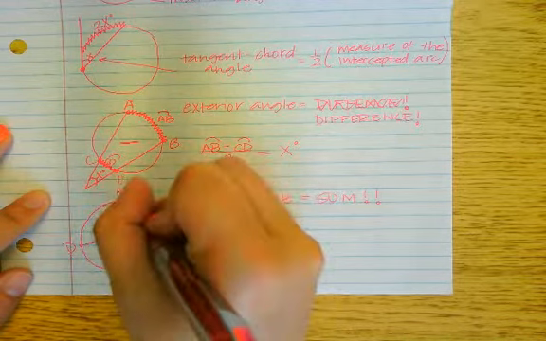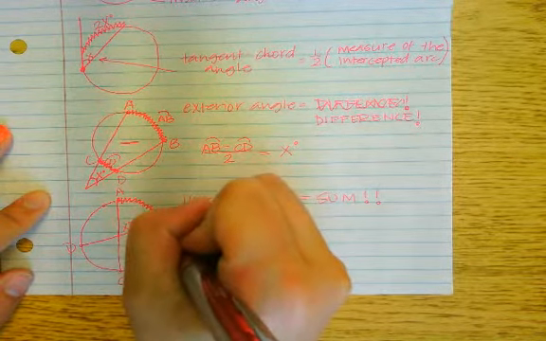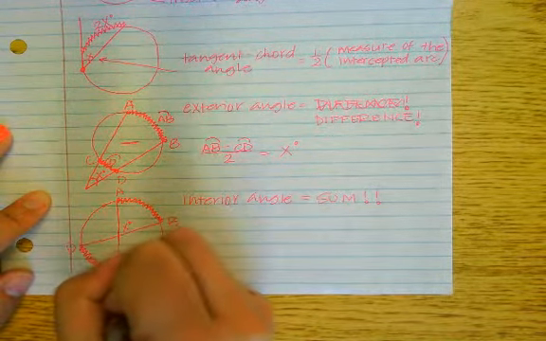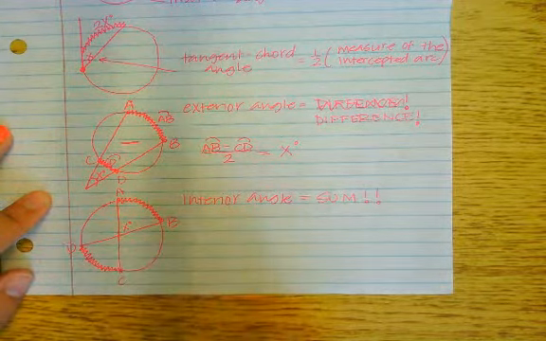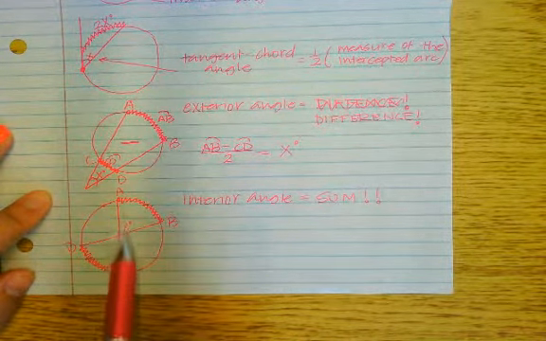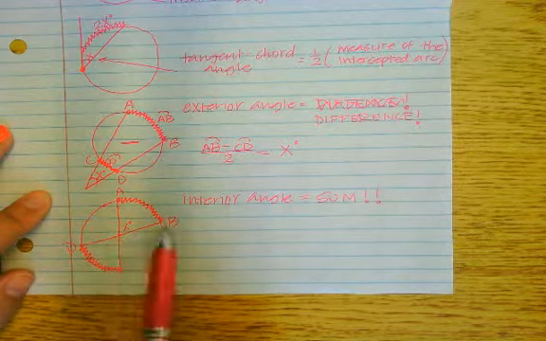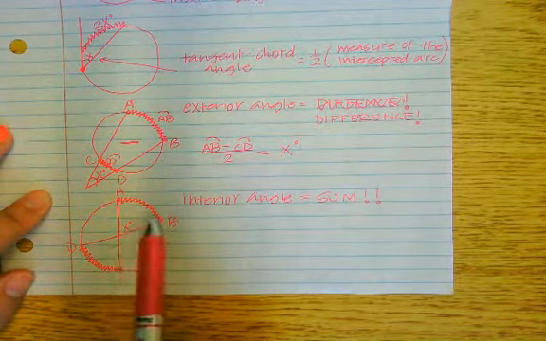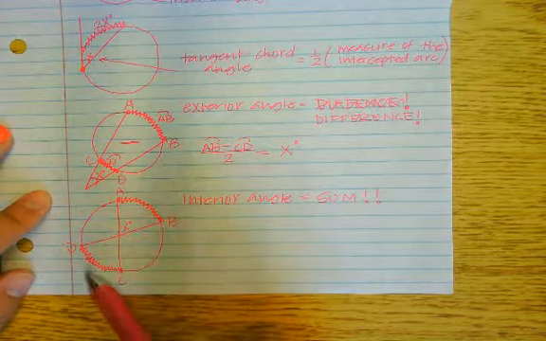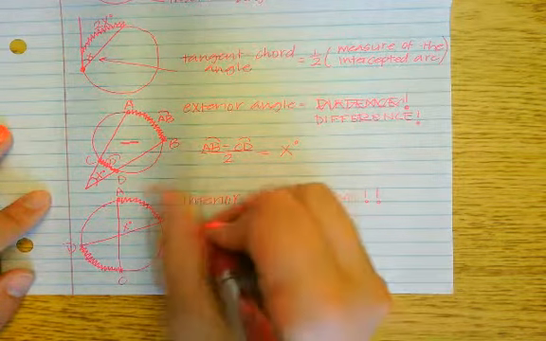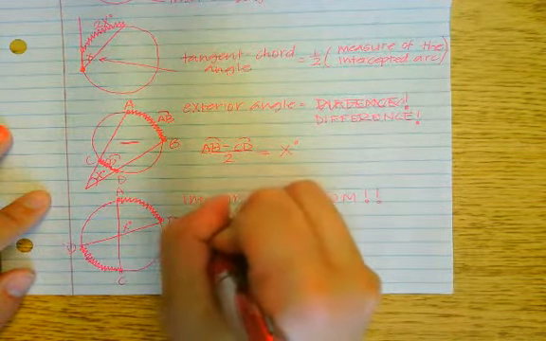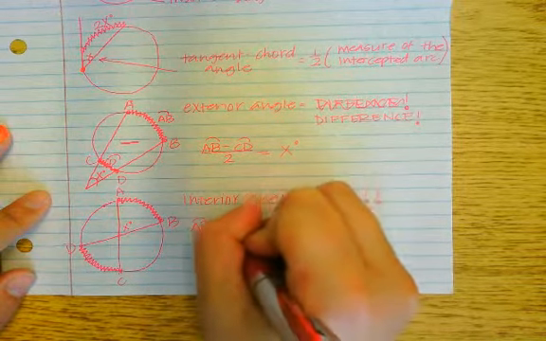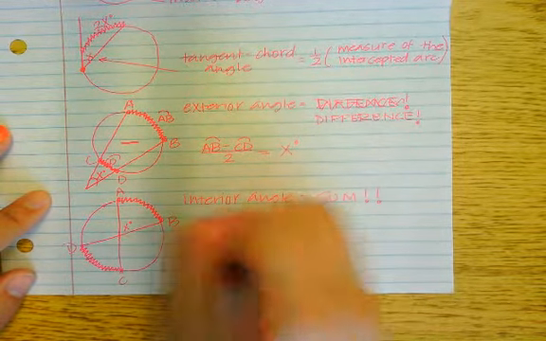So if I have X here, these two are my intercepted arcs, because I want to make sure I have the arc that is associated with X, and then the one directly across from it. So I have arc AB plus arc CD divided by 2 equals X.